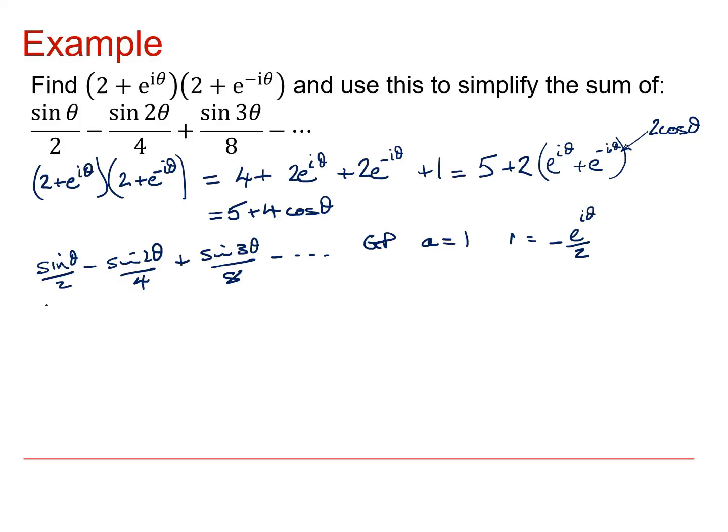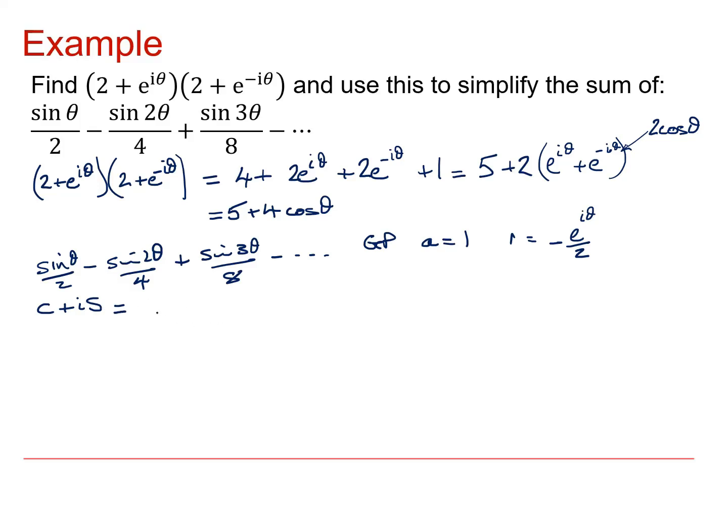First thing I'm going to do is write it as C plus iS is equal to, I'm splitting the series into 2 bits, the real and imaginary bits, and as it turns out, as you'll see, C will be all of the cos type bits and S will be all of the sine type bits.